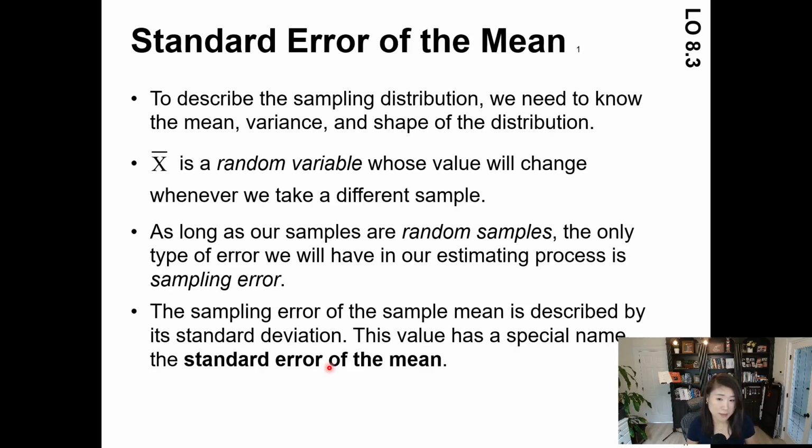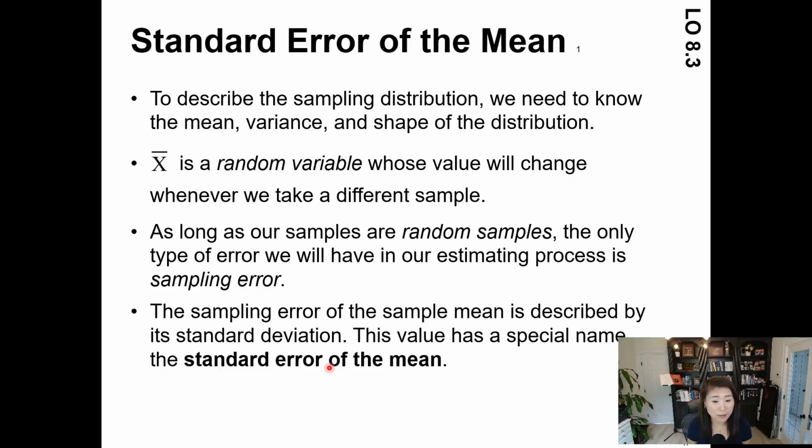To describe the sampling distribution, we need to know the mean, variance, and the shape of the distribution, as we already discussed in the previous chapter. Anytime we talk about how your sample looks, you need to talk about the central location, variability, and also the shape of the distribution. So when we consider x bar as a random variable, we need to understand what its mean is, what its variance is, and what the shape of its distribution should look like.